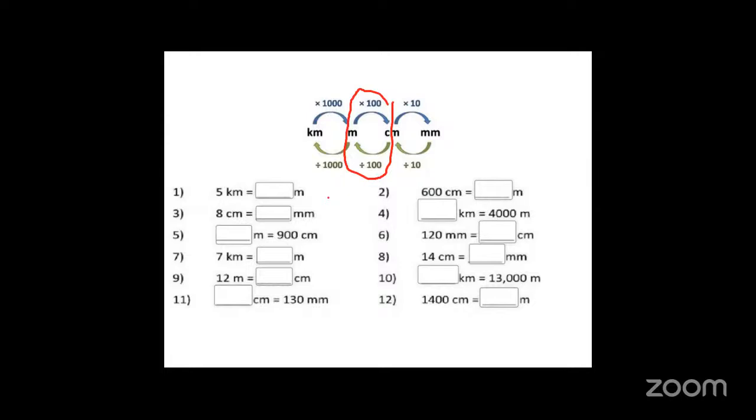So if I'm going from millimeter to meter, this is 100, this is 10. If I multiply 100 and 10, it will give me 1,000, which means I'm going to divide by 1,000 if I'm going from millimeter to meter. Okay, you've gotten it.